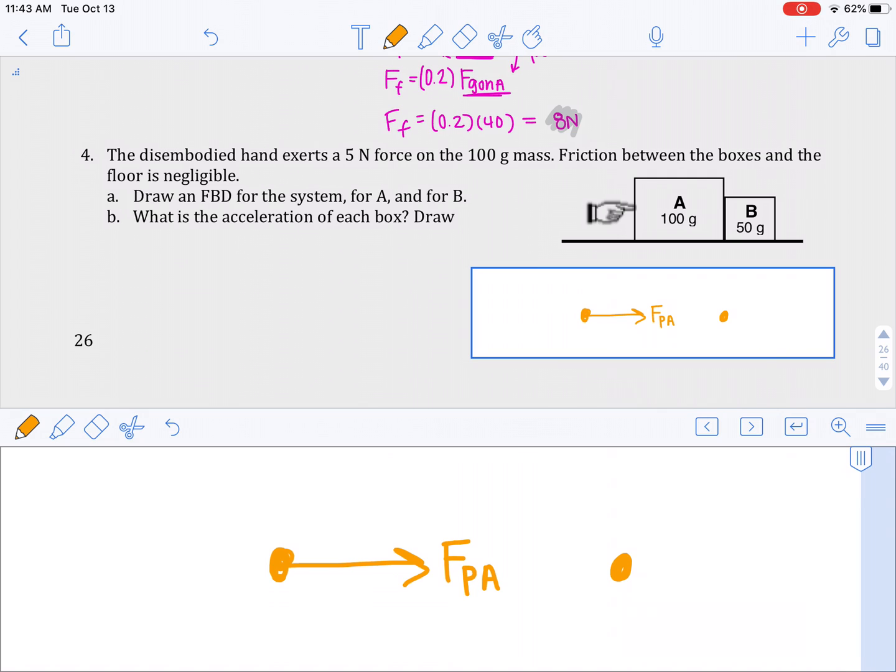Is the hand in contact with B, as another way of saying that? No, the hand is not in contact with B. So what that means is that the force on B in this direction is not from the hand, but it's from A.